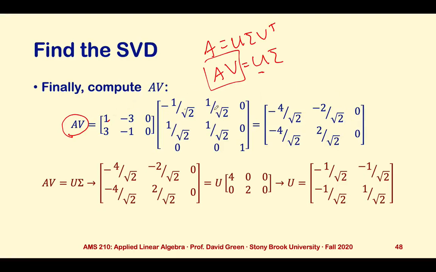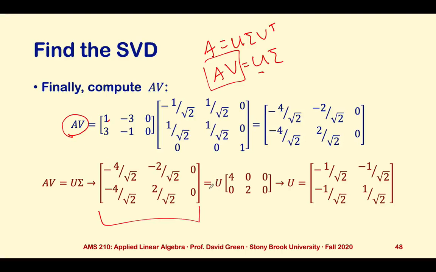And 0 plus 0 gives us a 0. Negative 3 over root 2 minus 1 over root 2 is negative 4 over root 2. 3 over root 2 minus 1 over root 2 is 2 over root 2. This is what A times V is.